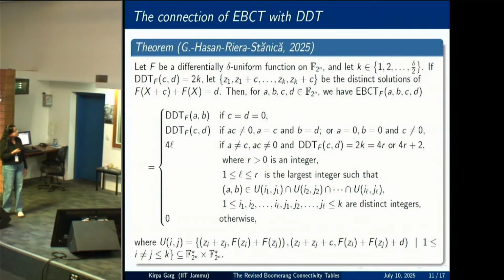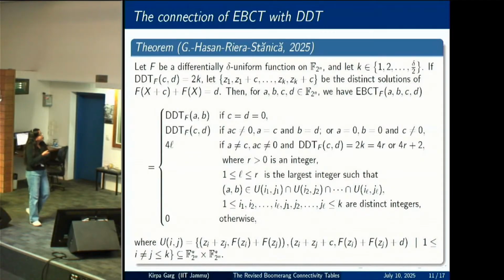then the EBCT of the function f at a, b, c, d can be defined in terms of DDT here. Moreover, you can see that here I am taking this tuple a, b belonging to this set, intersection and so on.